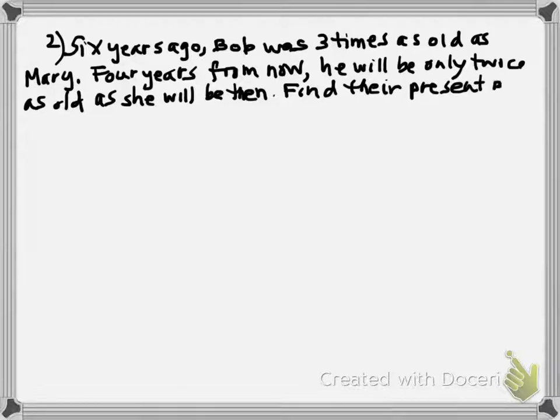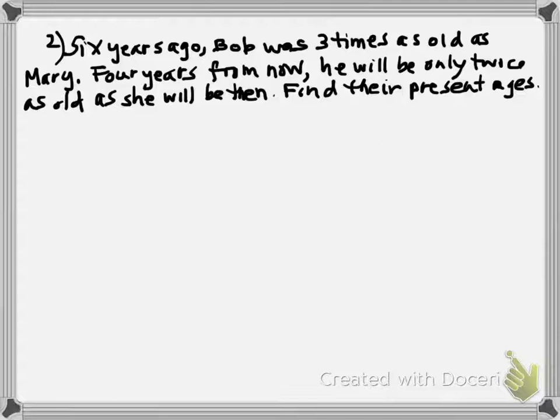So how is this problem different from the last one? Henry? We don't have like a present, we don't have really an equation for their present age. Yeah, they say nothing about their ages currently. They do talk about their ages 6 years ago, and they also talk about their ages 4 years from now. So that's kind of strange.